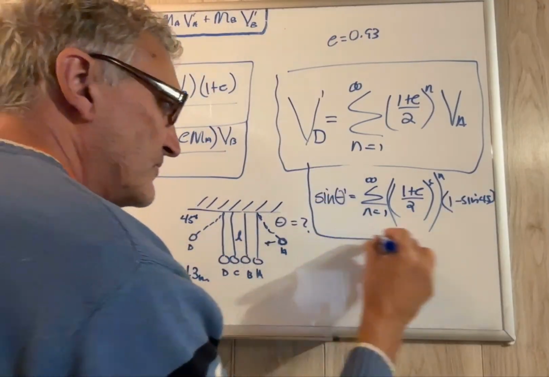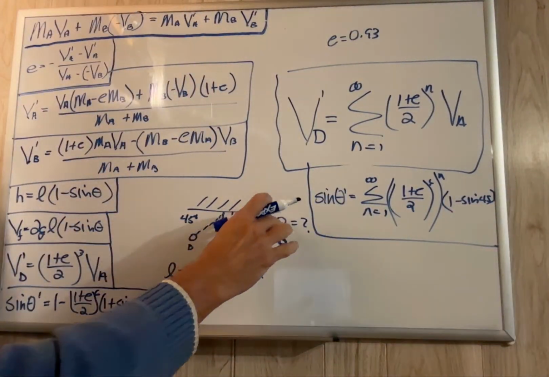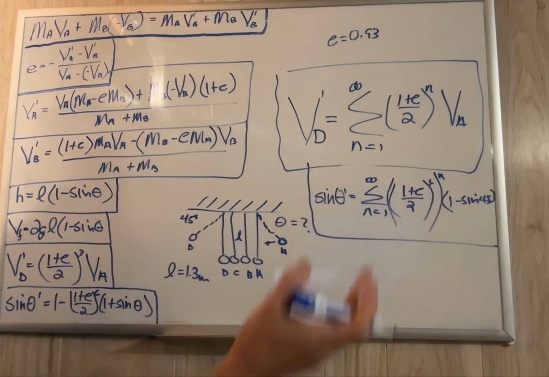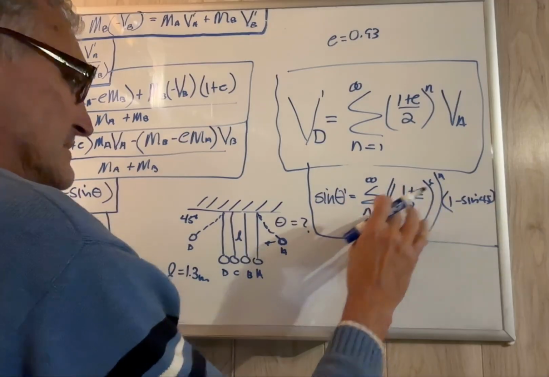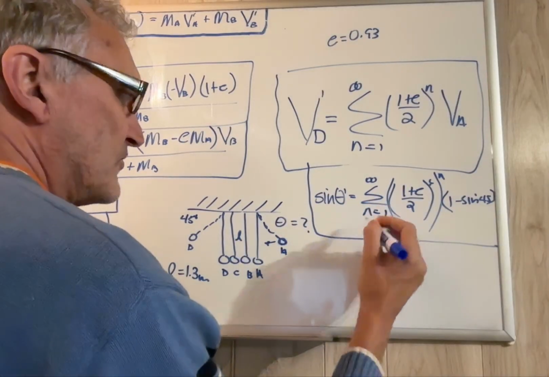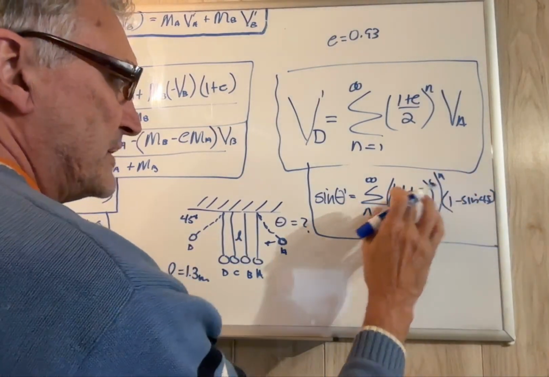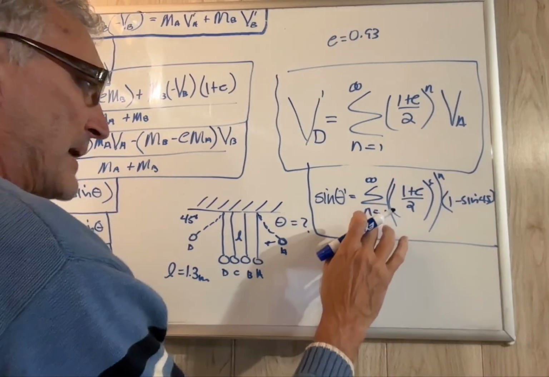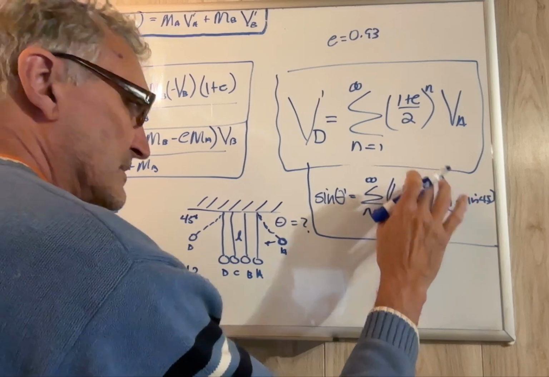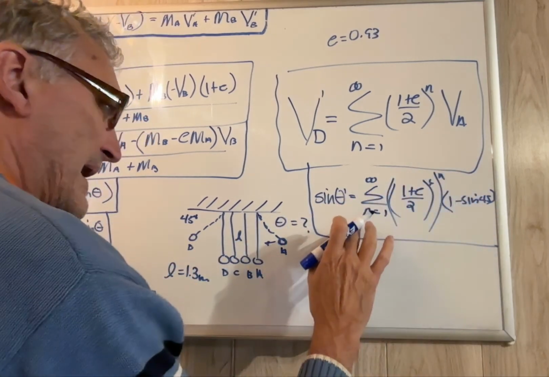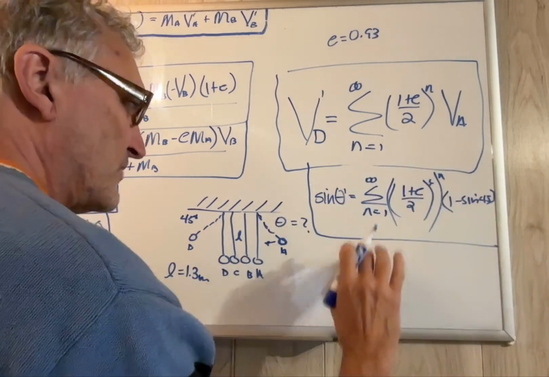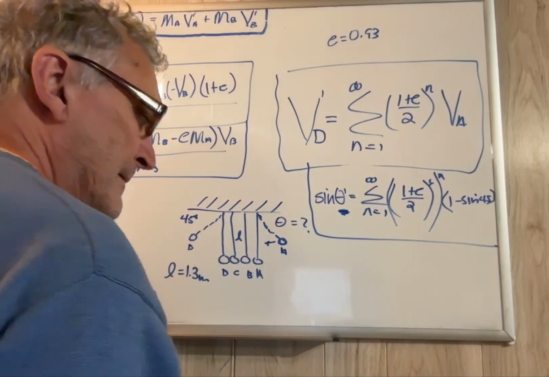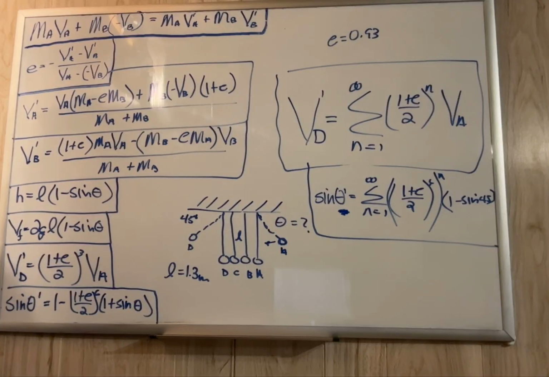This thing here will give you each one of the thetas at each impact. So at the first impact, n would be 1, so it would be 1 plus E divided by 2 to the sixth. At the second impact, this would be 1 plus E divided by 2 to the sixth, squared. At the third impact, you follow me, and eventually it will give you each one of these signs. It will tell you what this sign should be. And through experiment, it does work.